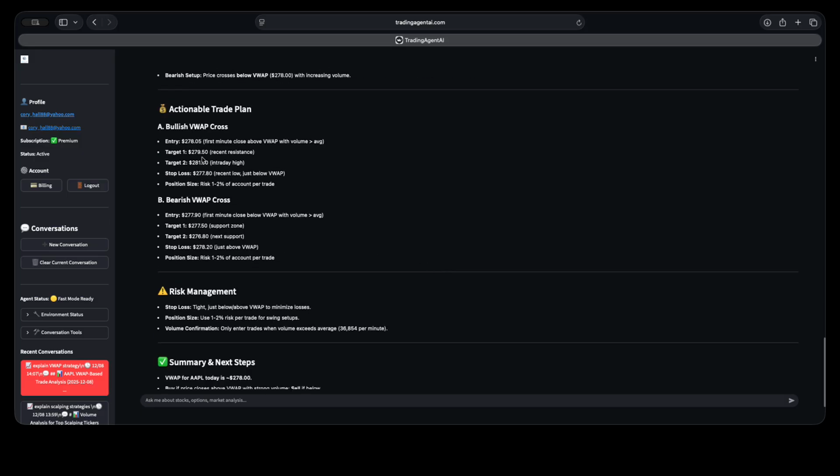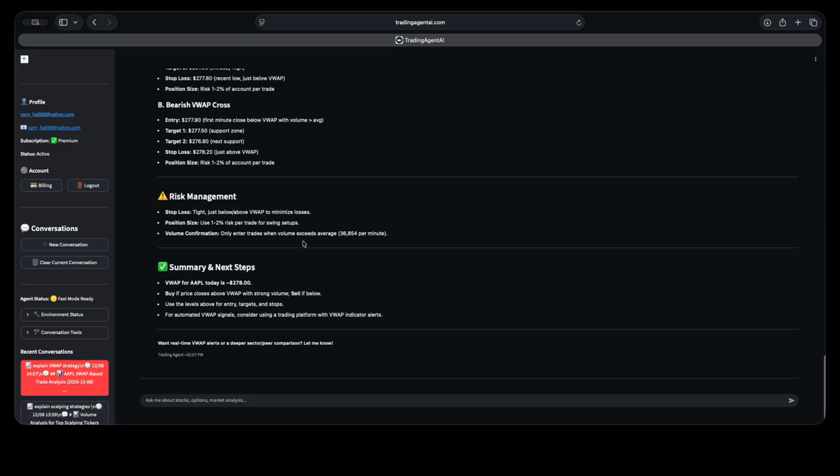And so it gives you the setup for the VWAP cross for bullish and bearish, and then it provides you with good risk management steps, and a summary and next steps. The agent can provide that information for particular tickers and particular time frames.